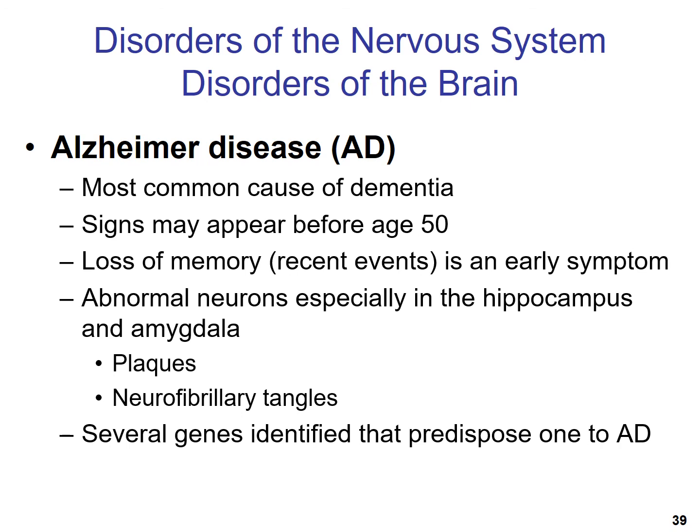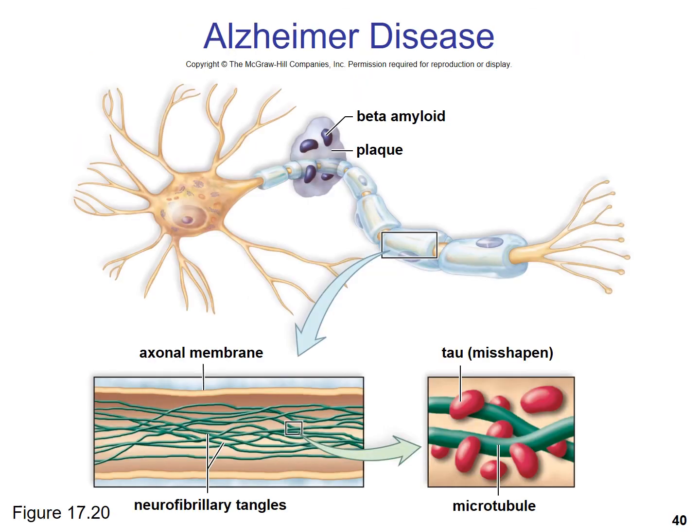There are several genes identified that predispose people to Alzheimer's disease, but I have to be honest, I think that at some point Alzheimer's disease will be categorized not as a disease but as a syndrome, something that can be caused by either environmental or genetic effects or combinations of the two. So there's no prevention or cure. If you have a genetic predisposition to it, if you're going to get it, you're going to get it. Once you've got it, it's not going away.